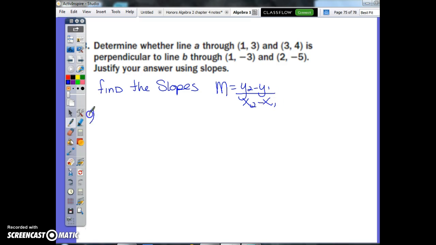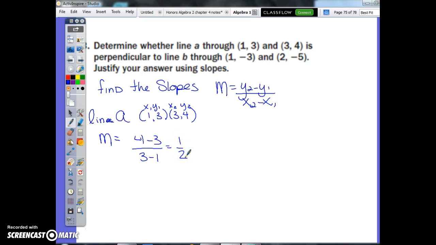Ready? Line A. They give you the point 1, 3, and 3, 4. So you say that your slope is x sub 1, y sub 1, x sub 2, y sub 2, plug in, 4 minus 3 over 3 minus 1 equals 1 over 2.